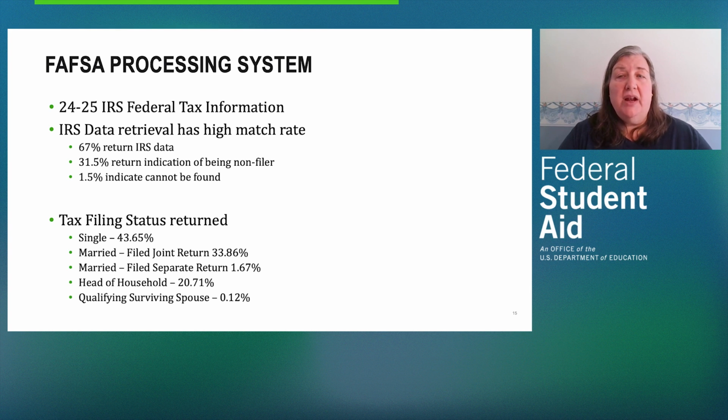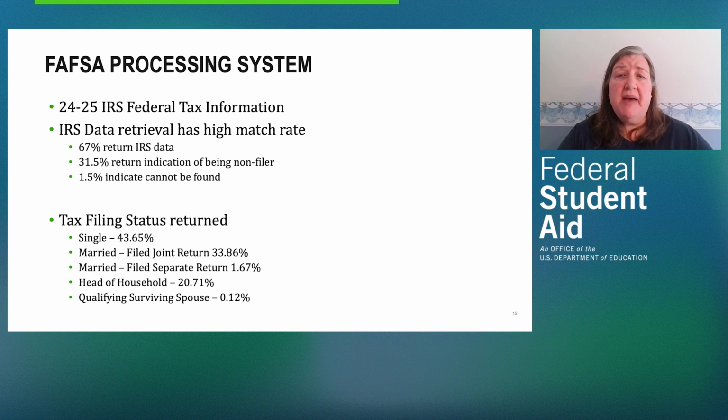And then we have about 1.5% where the IRS is not able to send us information. And those are the populations that we have to send down the self-reported path, where since we weren't able to get the information from the IRS, they have to give us the data either online or on the paper application.